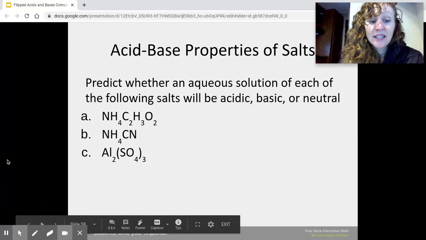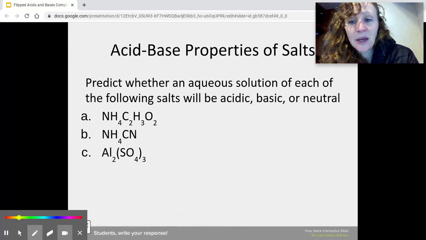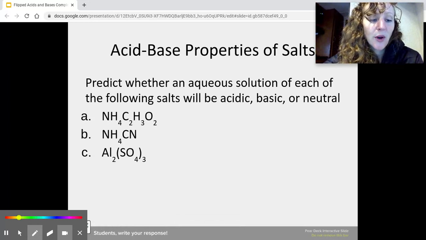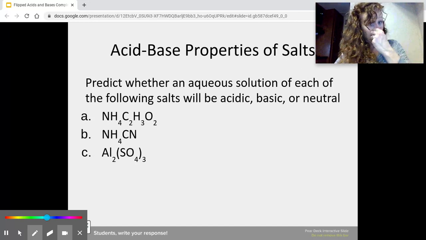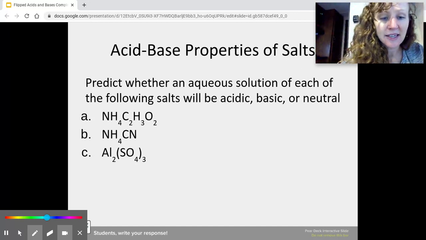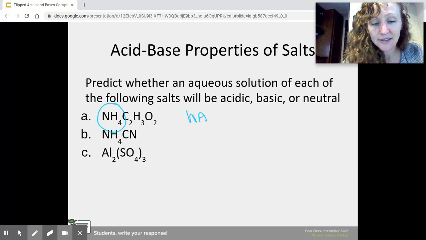All right. Predict whether each of these will give you an acid, a base, or a neutral solution. So go ahead and make a prediction, and then we'll do this together. All right. A contains NH4+, which is a weak acid.